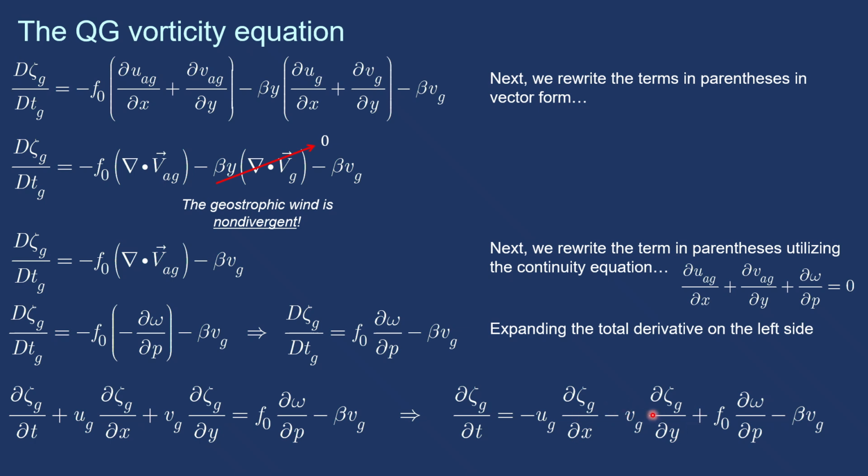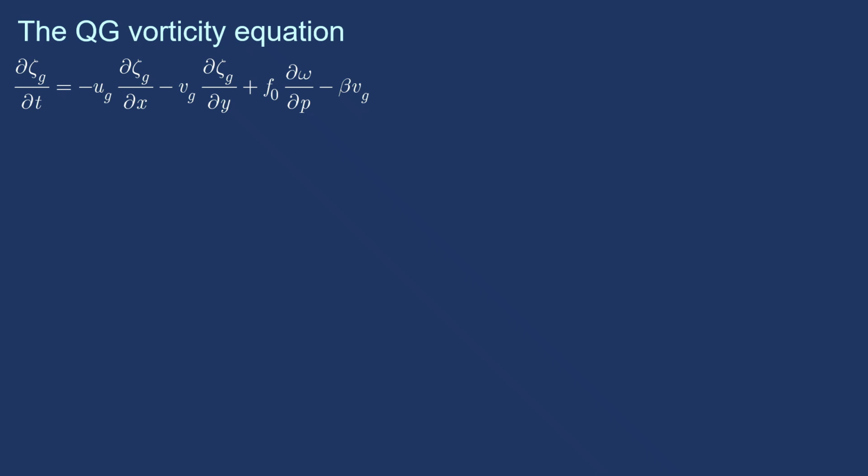And the very last thing we need to do here is just some simplification on these terms on the right-hand side, and then we will be done and we'll have our QG vorticity equation. So this is what we have right now. We'll slightly rewrite this by rewriting beta as what beta really is, which is the change in planetary vorticity with respect to y.